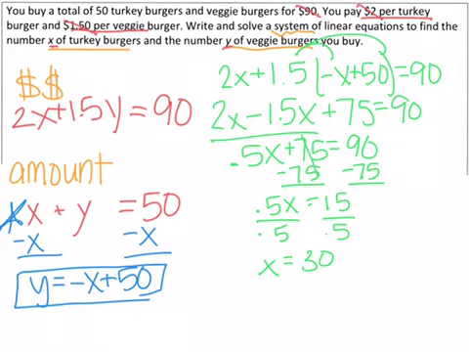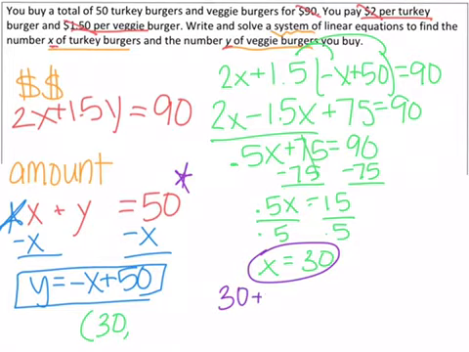Remember, our answer is going to have a coordinate. The x coordinate is 30. Now I need to figure out what my y coordinate is. I'm going to plug it into this second equation because it's so much easier. Instead of x plus y equals 50, I have 30 plus y equals 50.